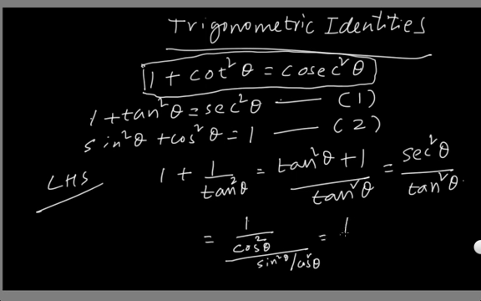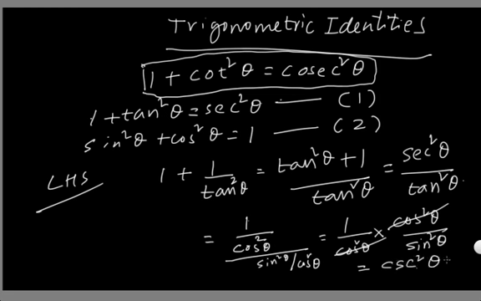So it's 1 by cos square theta times cos square theta by sine square theta. But cos square theta cancels out, and we have 1 by sine square theta, which is nothing but cosecant square theta, which is nothing but our RHS. So LHS is RHS. We have proved that 1 plus cot square theta is equal to cosecant square theta.